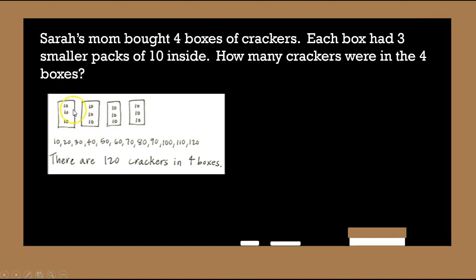And then we could put 10 3 times because there were 3 smaller packages of 10. So in each box we put 3 10s. So 1, 2, 3, that's 30 for each. And then we could count by 10s with each of these.